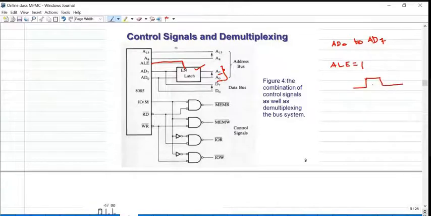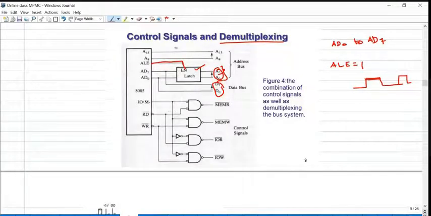During this logic high, AD0 to AD7 are demultiplexed, and A0 to A7 are used to carry the lower order 8 bits of the memory address. In the next clock pulse, the address will be latched out, and now we can use these pins for data transfer, D0 to D7. This concept is called demultiplexing of AD0 to AD7 using the latch.